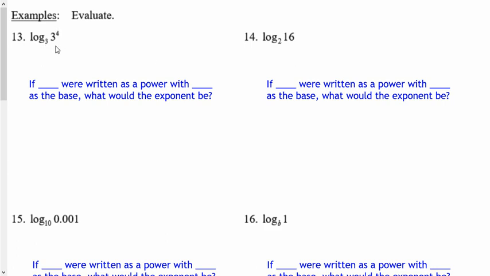So if 3 to the exponent 4 were written as a power, I'll look at my logarithm and the base is a 3, so with 3 as the base, what would the exponent be? Well, that's pretty straightforward. I can already see my exponent is a 4. So this is equal to 4. This is what the logarithm is telling me.